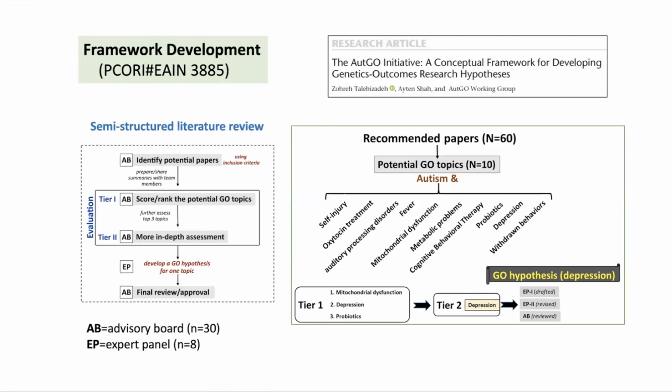Subsequently, depression in autism was selected after tier 2 evaluation. And finally, the expert panel drafted a geo-hypothesis for the selected topic, which was then further refined and finalized by contribution of community stakeholders or OUTGO team members.